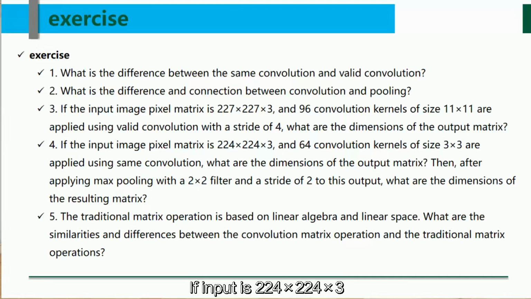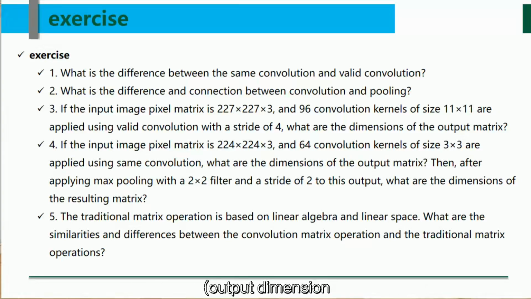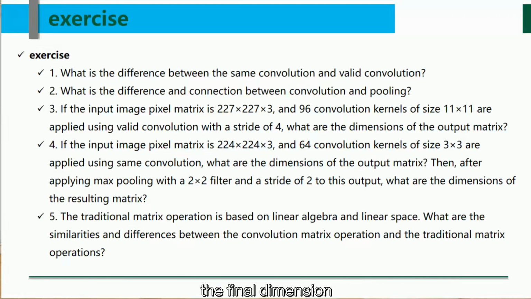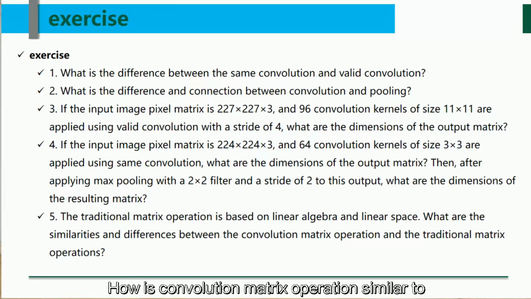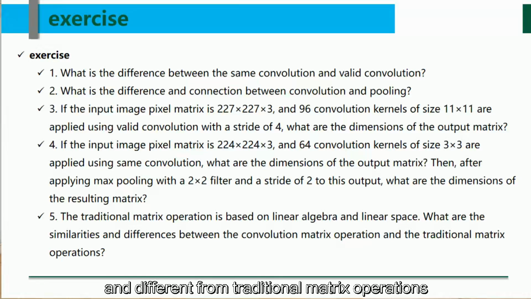If input is 224 multiplied by 224 multiplied by 3, use 64 3 multiplied by 3 kernels with same convolution, what is the output dimension? Then apply 2 multiplied by 2 max pooling, step 2, what's the final dimension? How is convolution matrix operation similar to and different from traditional matrix operations?